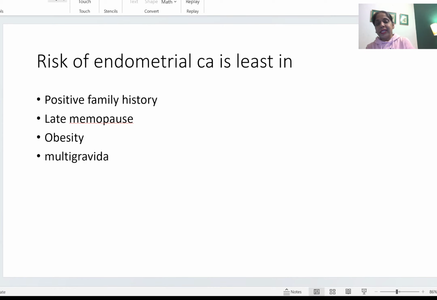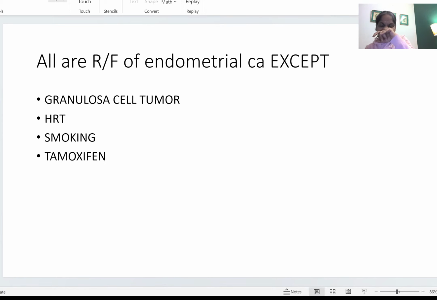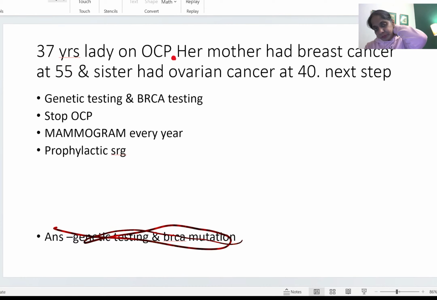So the answer is multigravida. Very good. Another question: endometrial cancer risk factors are all except smoking. Smoking is not a risk factor, smoking prevents. Okay, let's go to the next.